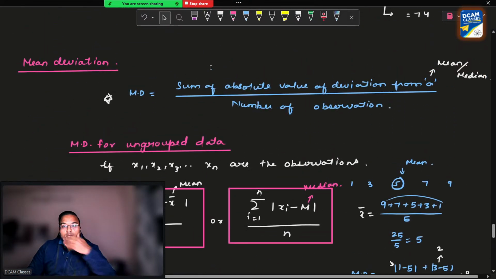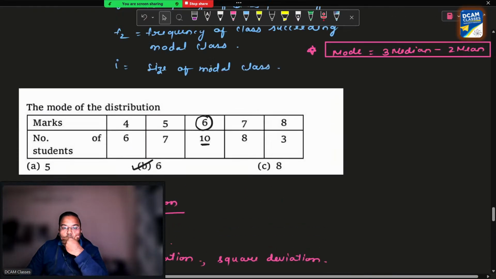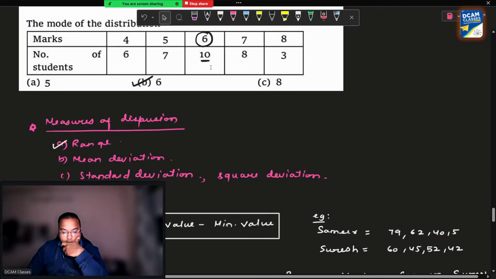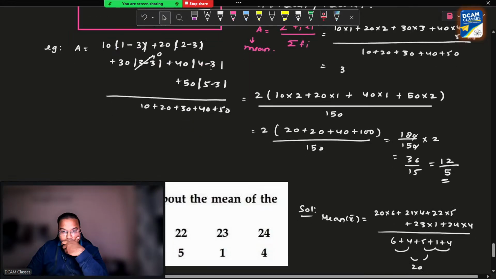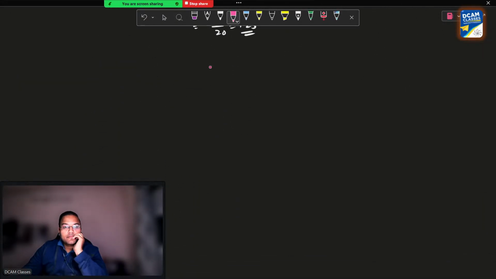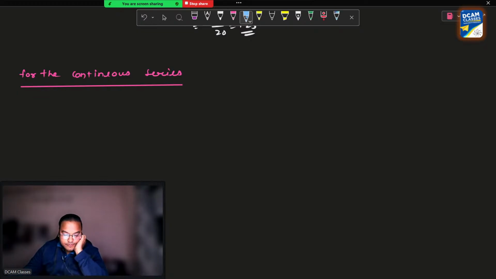Wait. There is another formula I need to tell you for the continuous series. For the continuous series, how you will find out the mean deviation?